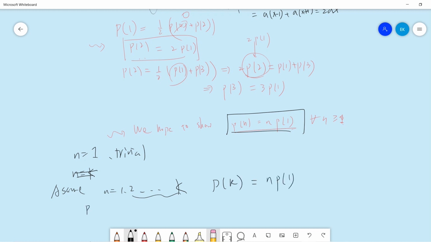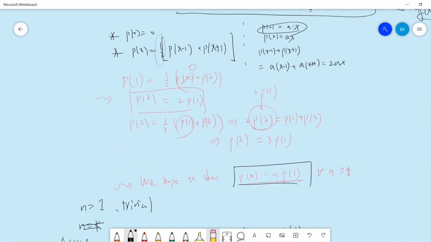Now we can check for n equals k plus 1. So I already assume that n from 1 to k satisfy P of n equals nP of 1.